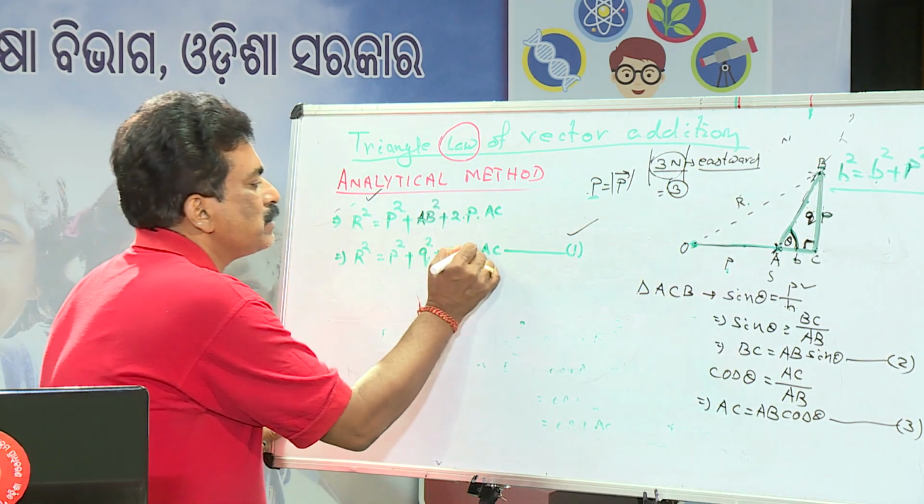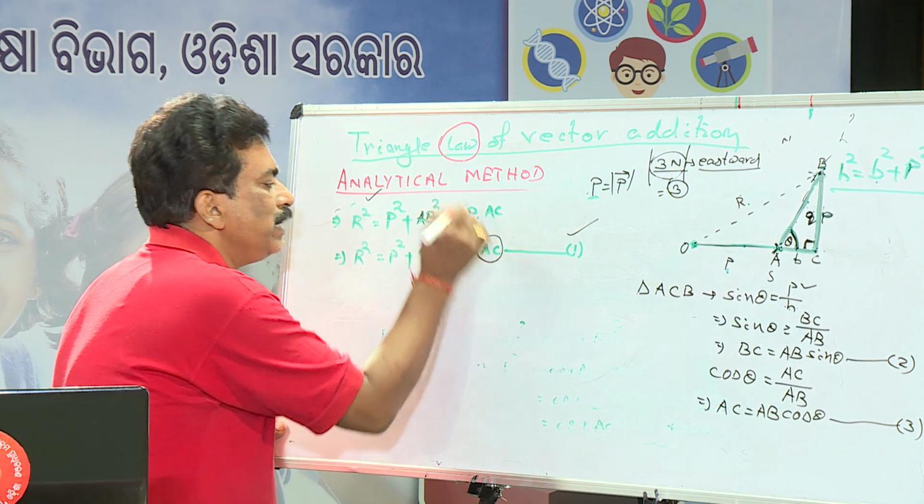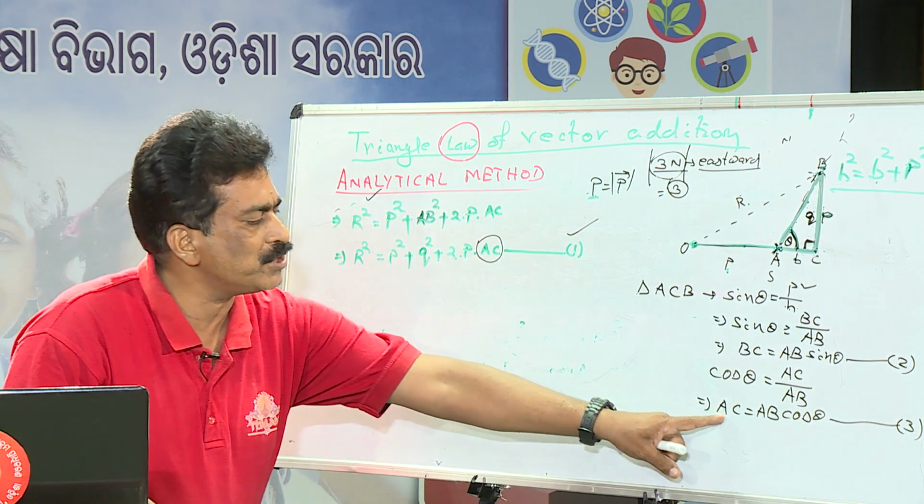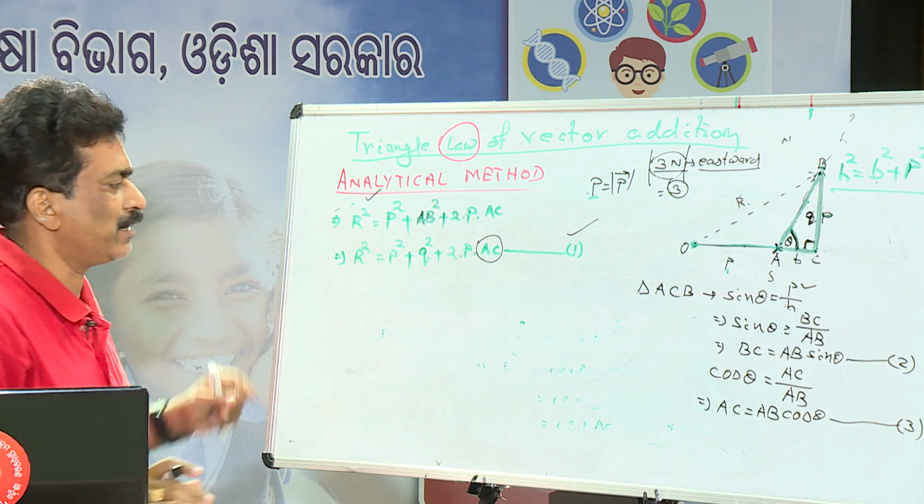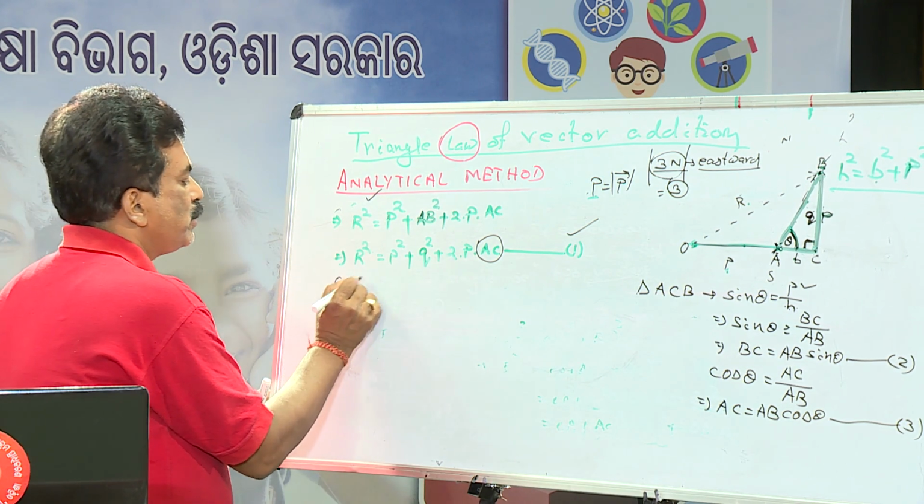You see there is an unknown factor, AC. Now we have to substitute the value of AC here.